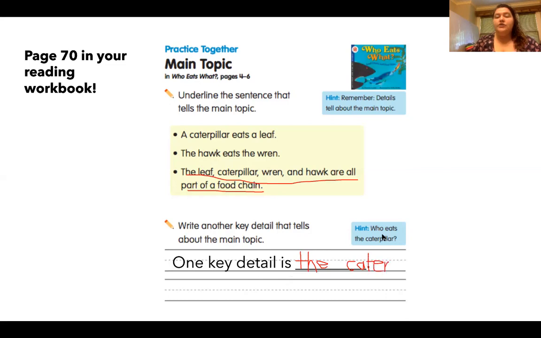Now, because the hint was who eats the caterpillar, I'm going to write the caterpillar is eaten by, and who did we decide eats the caterpillar? The wren. Good word. So the caterpillar is eaten by the wren. Oh, sorry, my letters are a little crazy.